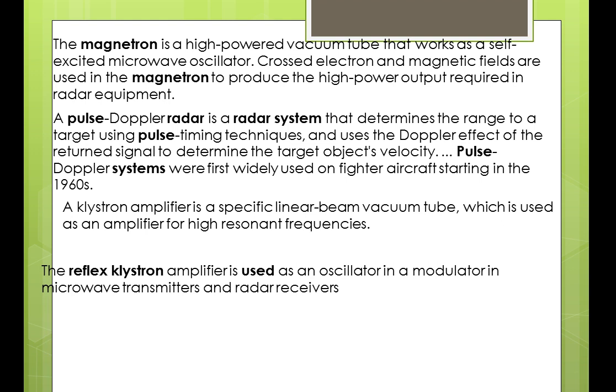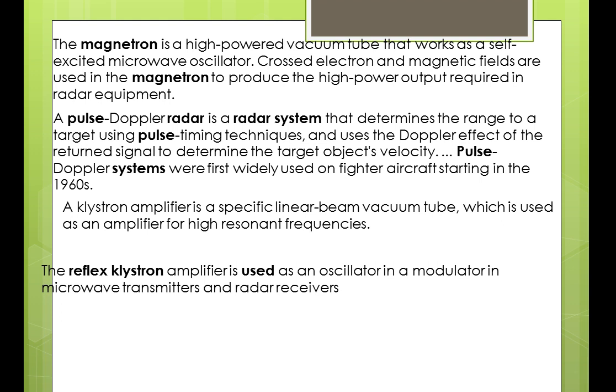So magnetron, pulse Doppler radar, klystron amplifier, and reflex klystron are all microwave operating devices, but of all, the magnetron is the high powered vacuum tube microwave oscillator. Pulsar Doppler radar is used to find out the range of a target.